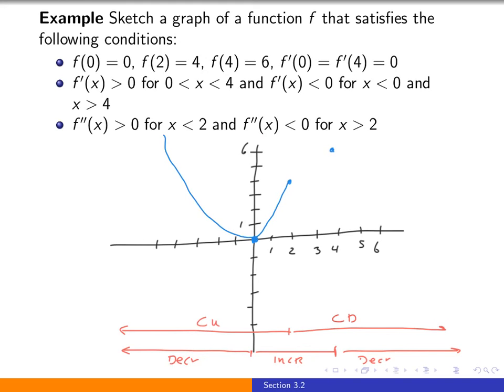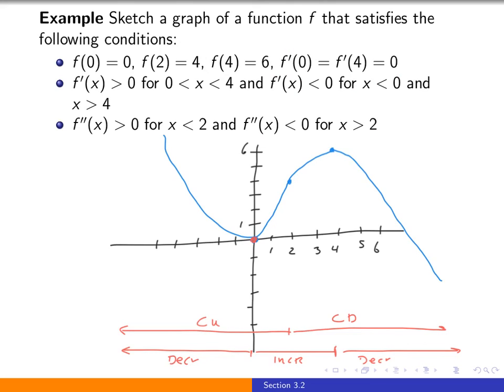At 2, we continue increasing until we get over to 4, but our concavity now is concave down, and then concave down and decreasing. And notice when we put all this increasing, decreasing, concavity into play, there was this requirement I didn't really write much down about, which was the derivative being 0 at 0 and 4.